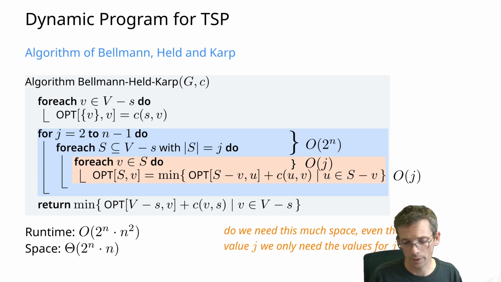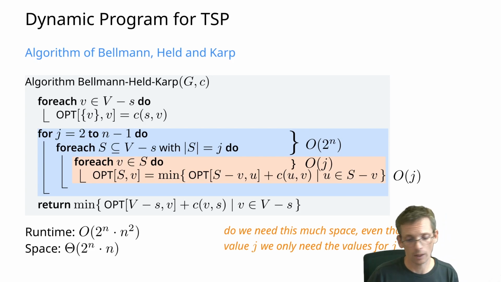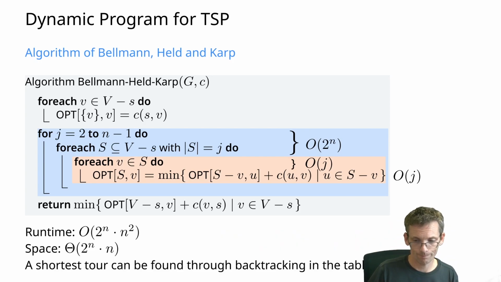The problem with that is if I then actually want the shortest tour, at that point I will want all of the entries, because then I can use all of those entries to backtrack what the actual optimal tour was. So if I'm interested in the tour, I need this storage. Otherwise, there's a little bit of optimization that I could do.